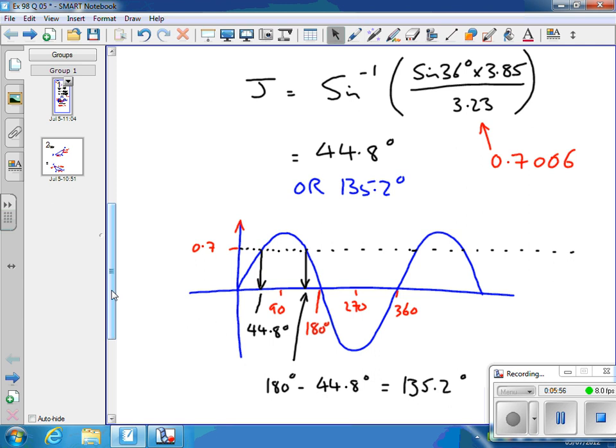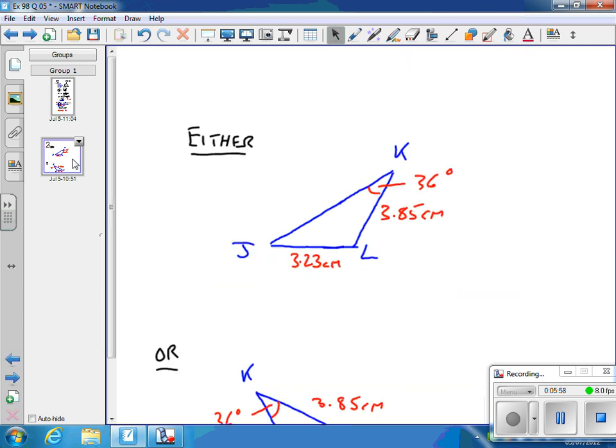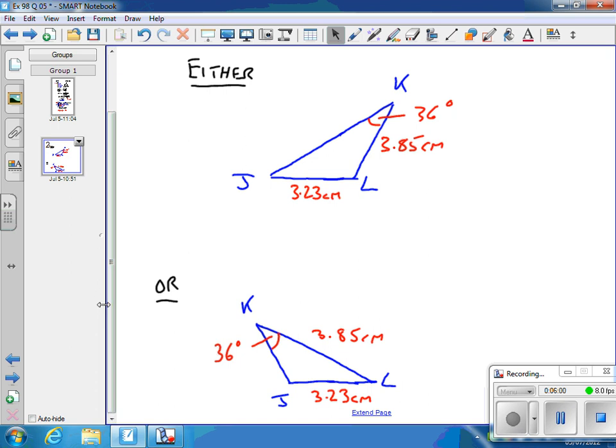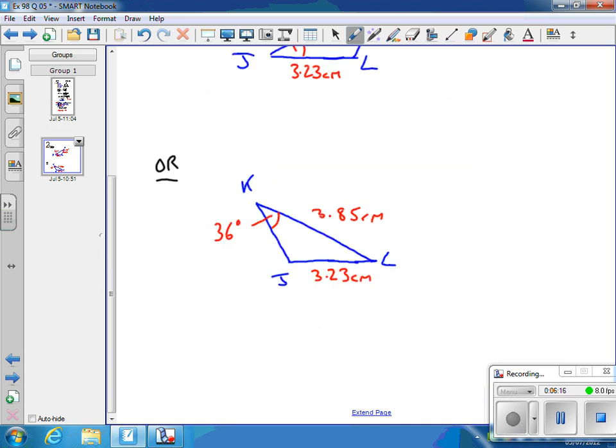And if we go to look at the possibilities, if we draw out the triangles, either J equals 44.8 degrees, or if we look at the other scenario, J could be 135.2.